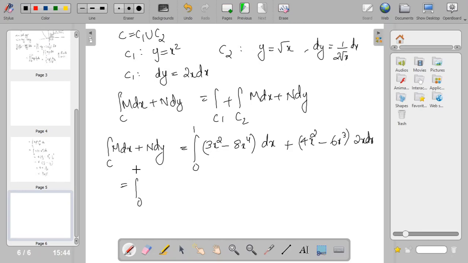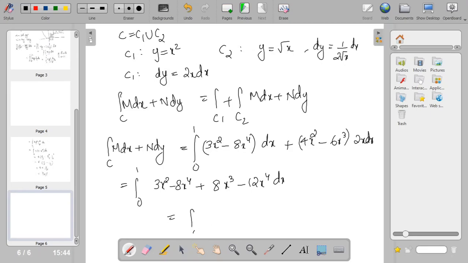So that is integral 0 to 1 of 3x square minus 8x raised to 4 plus 8x cube minus 12x raised to 4 dx.